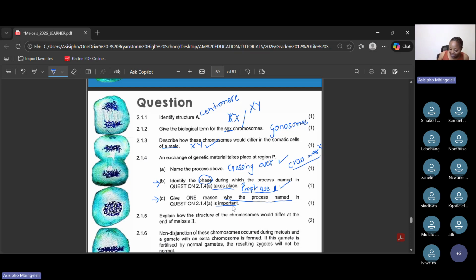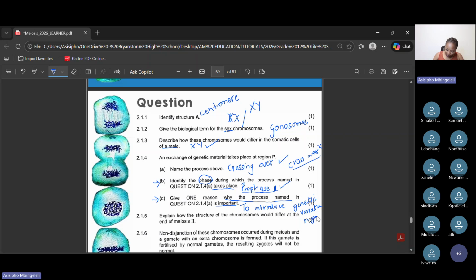The correct answer is to introduce genetic variation. So the material becomes exchanged so that there is variation in the gametes. That is the correct answer: to introduce genetic variation in gametes.